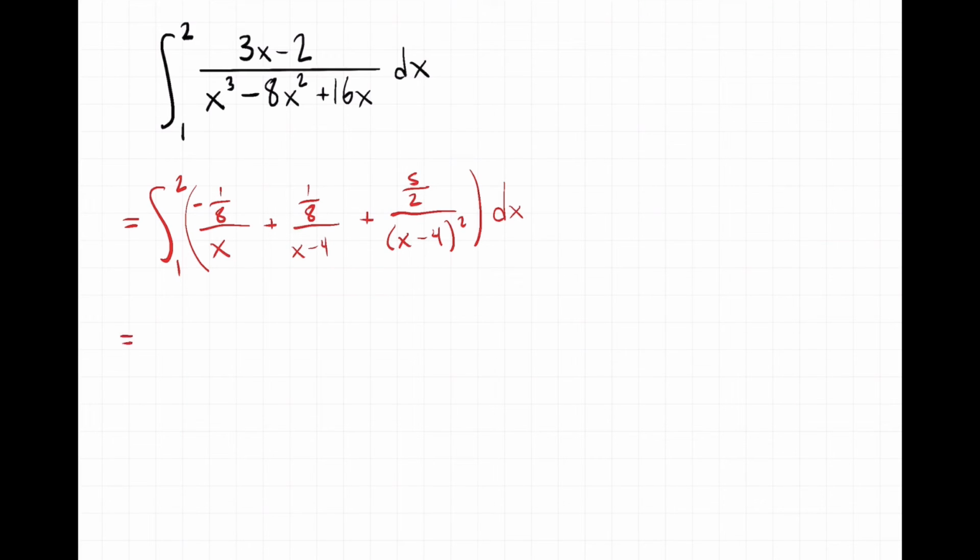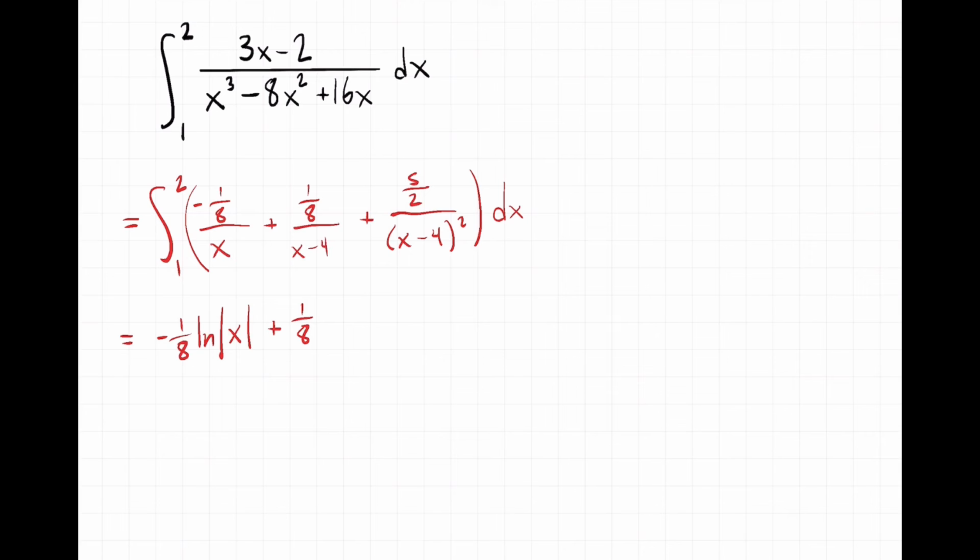Right? We have negative 1/8 as a coefficient that gets carried along times 1 over x. The antiderivative of that is the natural log of the absolute value of x. Plus 1/8. Well, we have 1 over (x minus 4). Again, we can do a u sub for that, but we don't need to actually write it down.